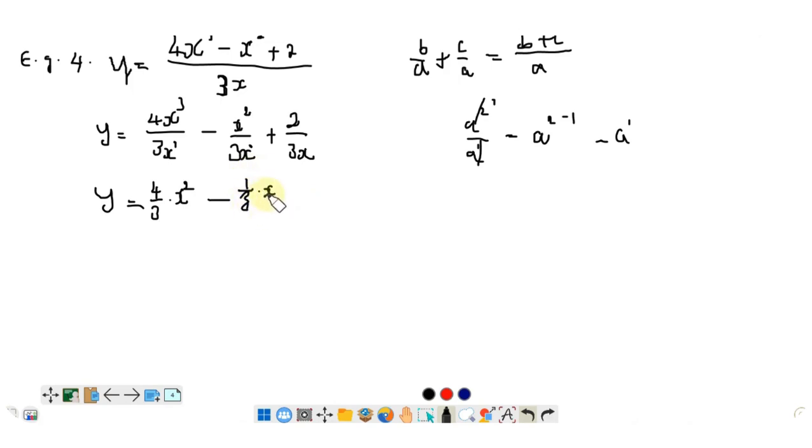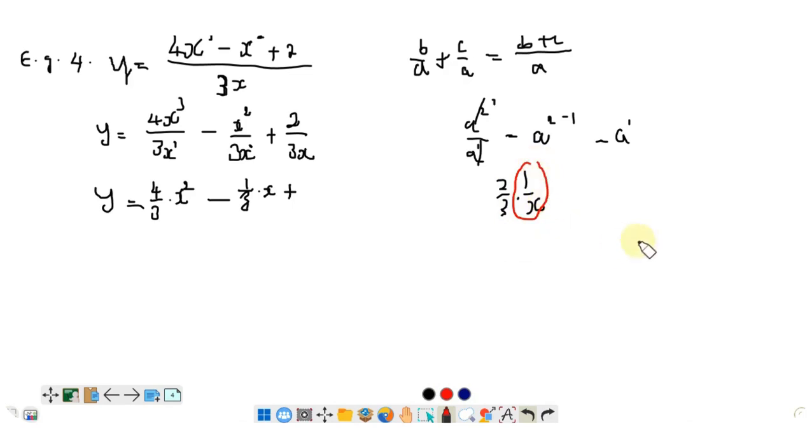So it's 1 over 3 times x. Then plus 2 over 3 multiplied by 1 over x. I'm separating them, because 2 times 1 is 2 and 3 times x is 3x, so I just broke it up. Now I want to focus on this 1 over x.